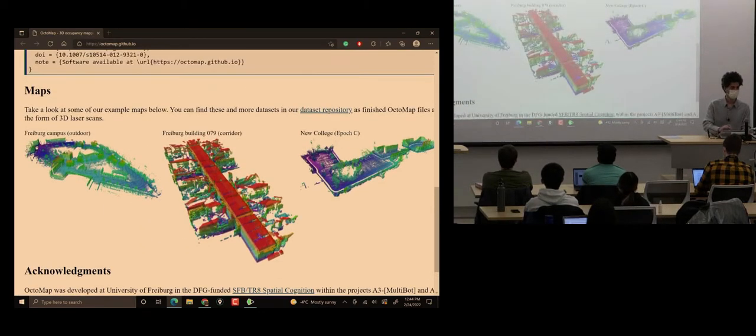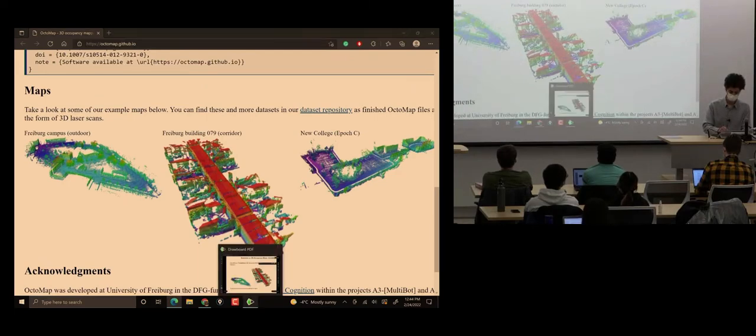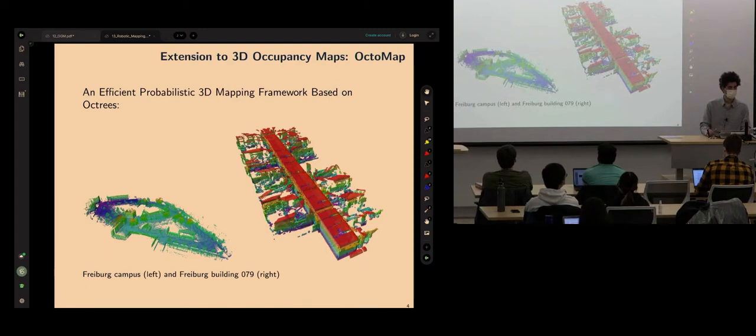I was curious, does it ever happen that rather than having a single voxel size for your entire map, to have a range of voxel sizes, in the same way that humans have their world composition not as precise as the thing that they're looking at in front of them.